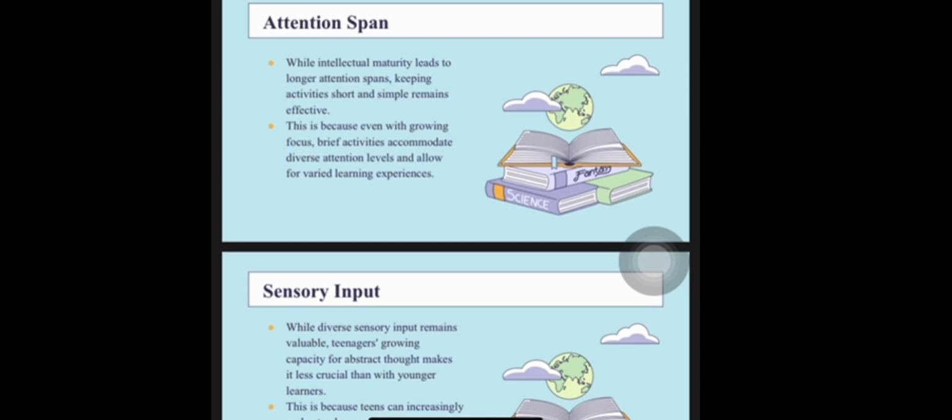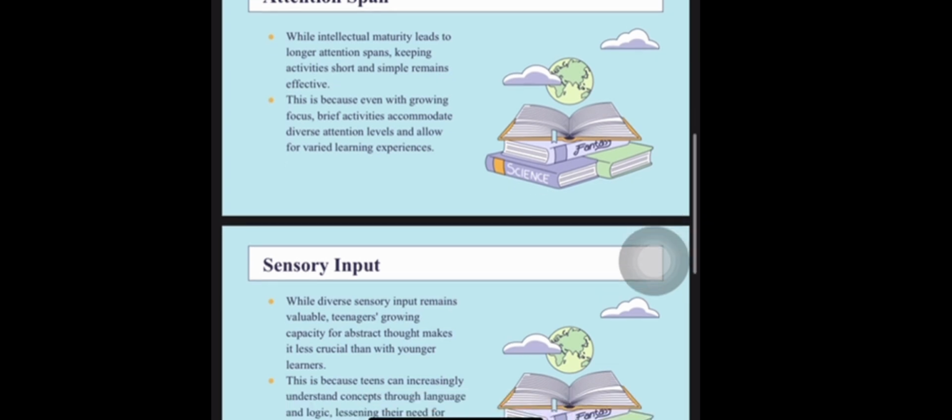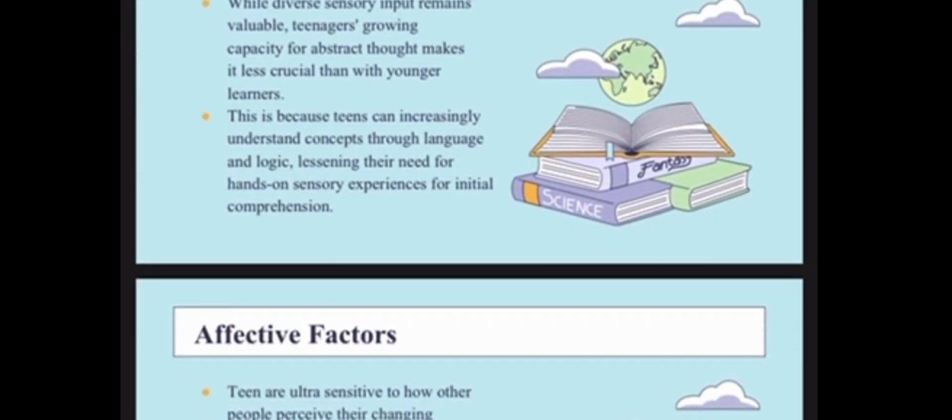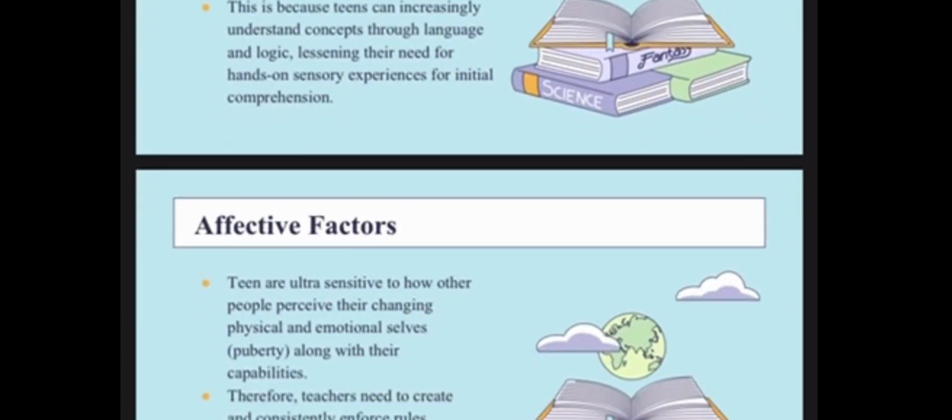The third key area when teaching teenagers is sensory input. Teenagers require less sensory stimulation than children, but hands-on activities, visuals, and interactive tasks still make learning more interesting. The fourth is affective factors. This is a very important aspect when teaching teens.